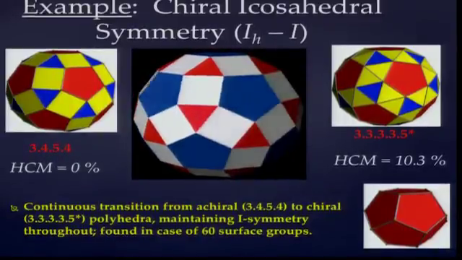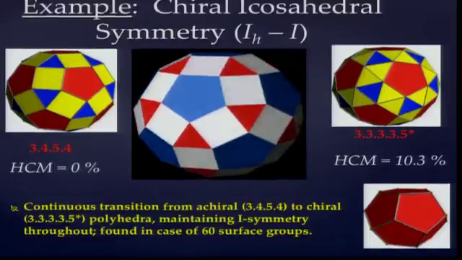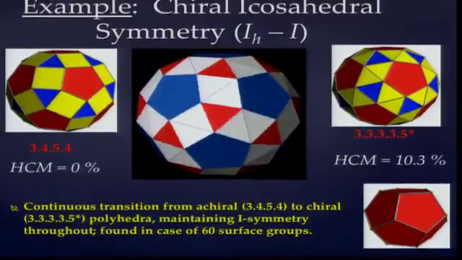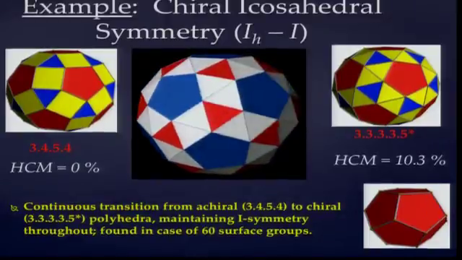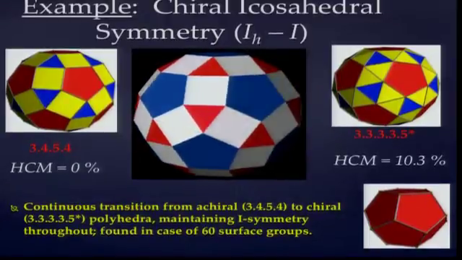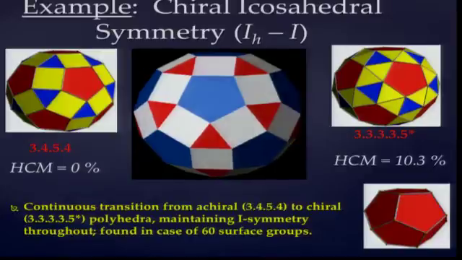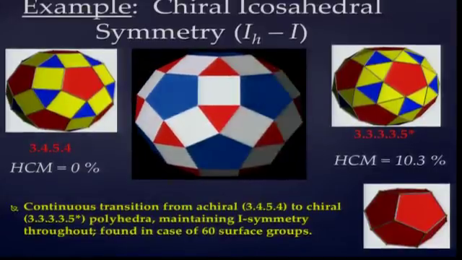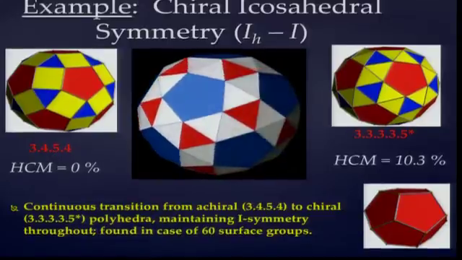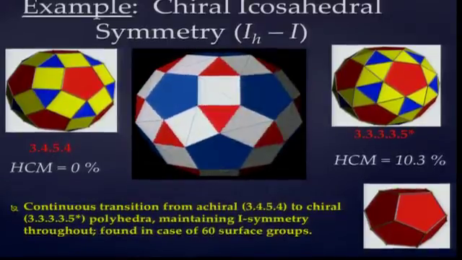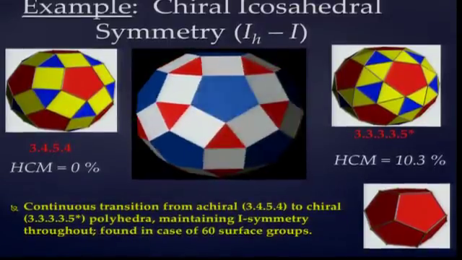That's a lot of vertices to follow. Here again are the semi-regular polyhedra, which go by these cute little code names, as well as real names like snub dodecahedron, nicknames. 0% to 10.3%. And Thomas, you have every gradation from 0 to 10.3% as you undergo one of these rotation operations.